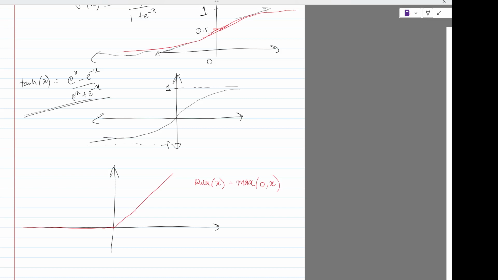So at this point, it is not really differentiable because the gradient is along this or along this. It is not very clear. So you take one of these. That is usually what you do. You either consider it 0 or you consider it 1. Usually it's considered 0.